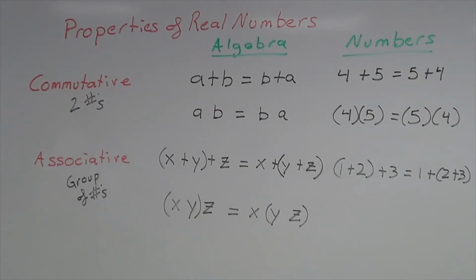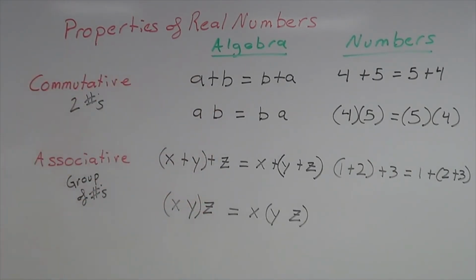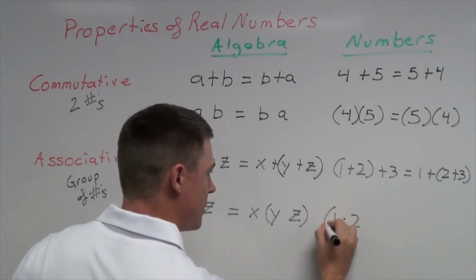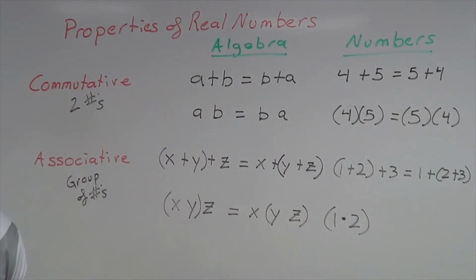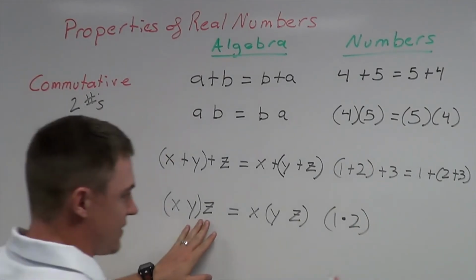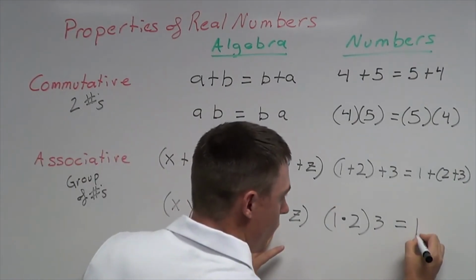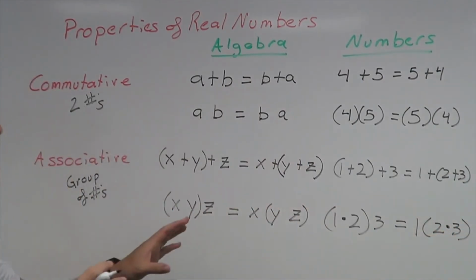Let's now do this with numbers, so it makes a little more sense. I used 1s, 2s, and 3s, so I'll use those again. 1 times 2, I am using the dot here. I don't want to do too many parentheses, so I'm just doing the dot. 1 times 2, and then Z is 3 on the outside, equals 1 on the outside, 2 times 3 on the inside. I know I said earlier not to use that dot, but in this case I don't want to do parentheses over and over again.